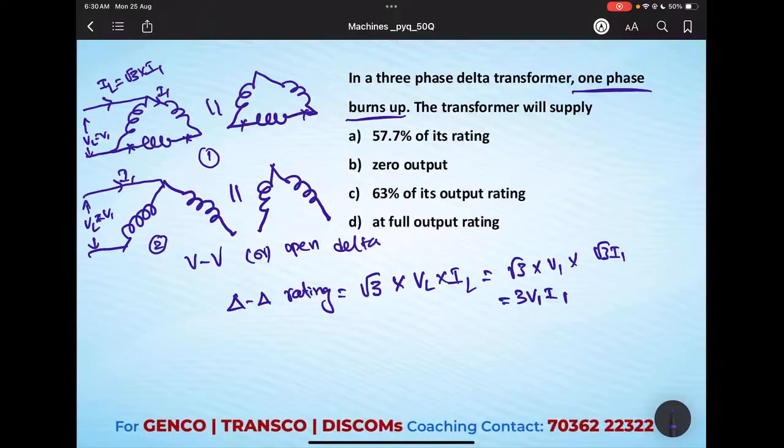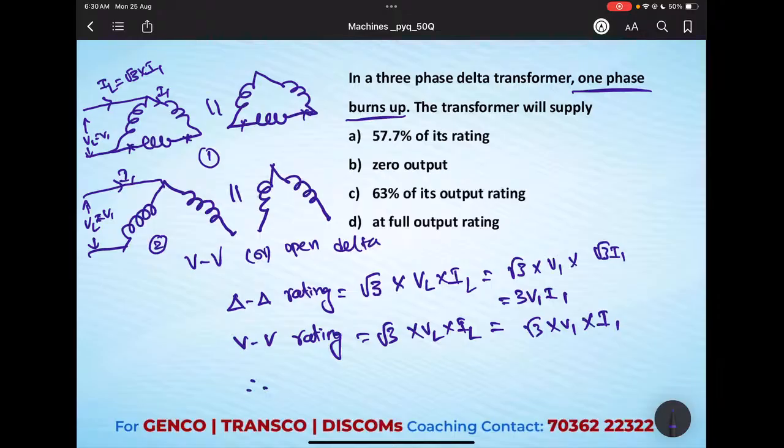In the VV type, the rating is root 3 into VL into IL. The formula is the same, but the parameters we need to take from the diagram: root 3 into V1 into I1. If you see, the options are in percentage, so we are going to calculate in percentage.